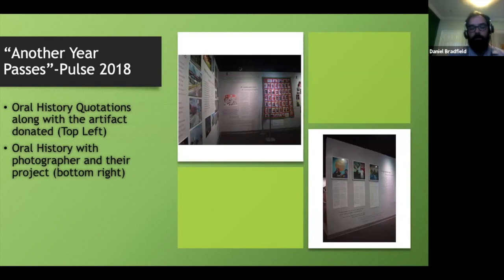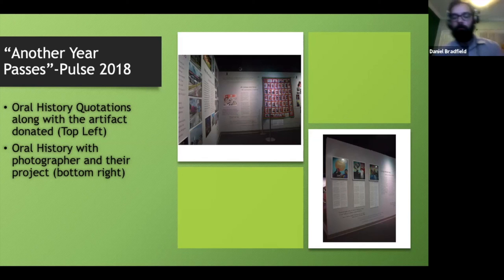The next exhibit is Another Year Passes, Pulse in 2018. These oral histories were mostly coupled with an artifact that was donated to us. As you can see in this top left-hand panel, that is a quilt on the right-hand side of the picture. And in the center of that photo is a painting of a woman who did an oral history with us about why she decided to make that quilt. The quilt had 49 photos of the 49 people that were killed during the Pulse massacre, and she describes why she donated it and why it was important to her.